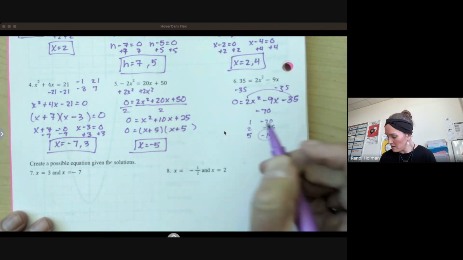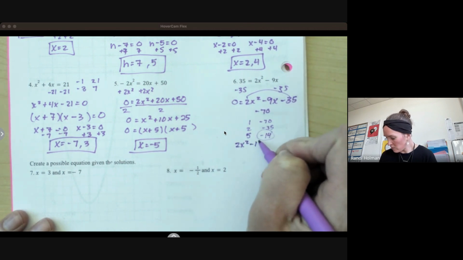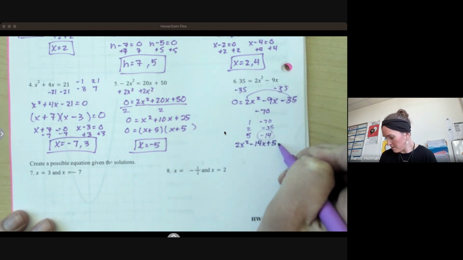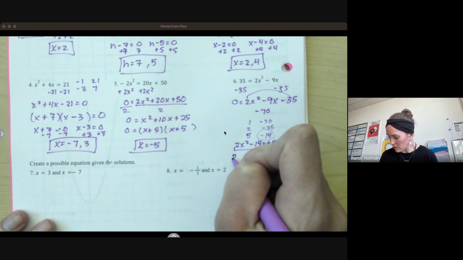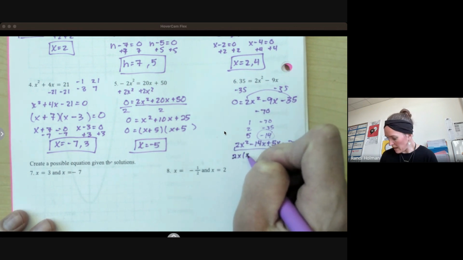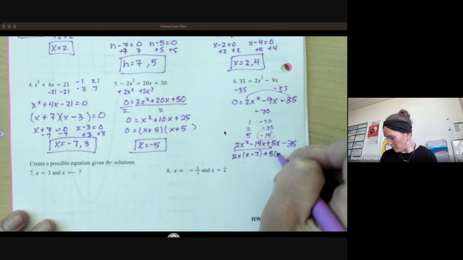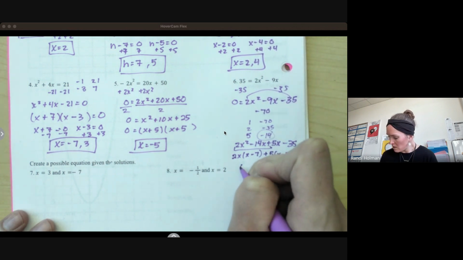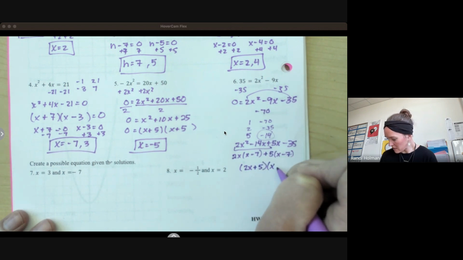That's our factor pair. So we're going to rewrite this as 2x squared minus 14x plus 5x minus 35, and then use our grouping. Greatest common factor here is 2x. We're left with x minus 7. Greatest common factor here is 5. We're left with x minus 7. So my factors are 2x plus 5 and x minus 7.